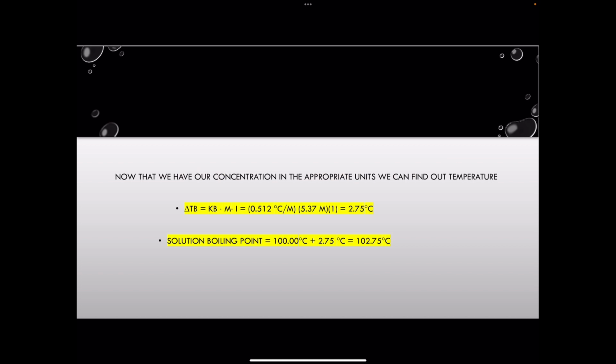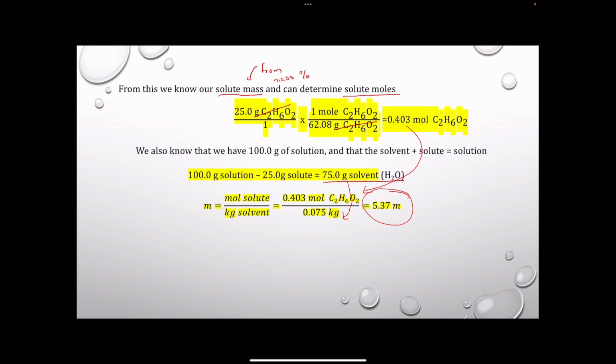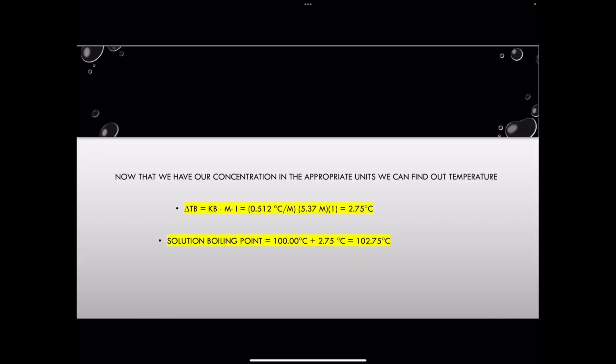So now that we have our concentration in the appropriate units, we can find our temperature change. So plugging in, delta T equals KB times m times i. So our K is the 0.512 degrees Celsius per molal, because again, that's the K for water. We have an aqueous solution. We're going to plug in the molality we just determined, the 5.37.